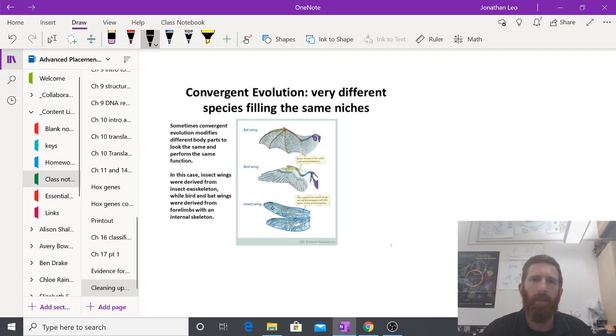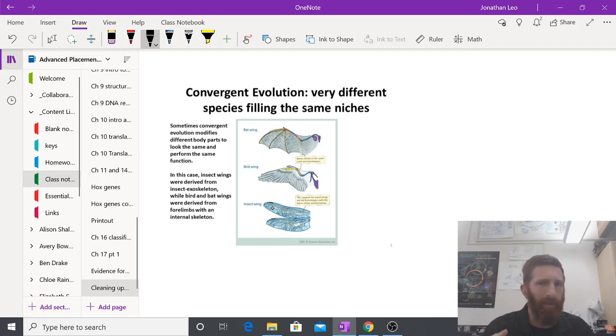This would be a classic example of convergent evolution, where way, way back they shared a common ancestor, but insects and birds and mammals have not shared a common ancestor for a very, very long time. However, there are niches that are open and available, such as the air.